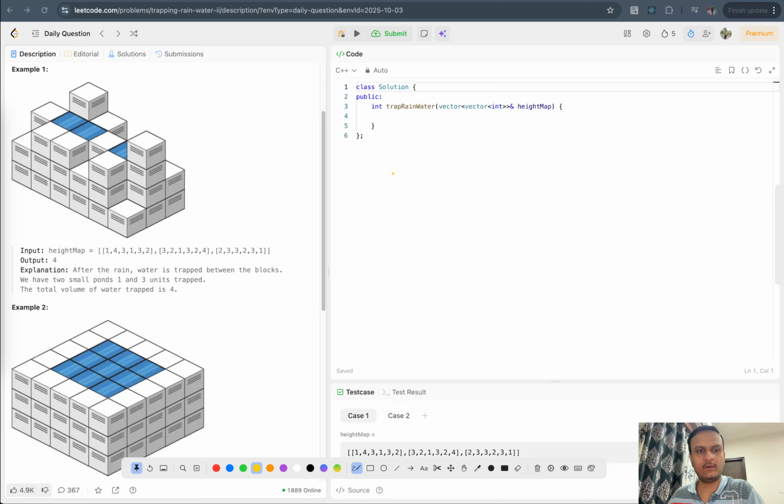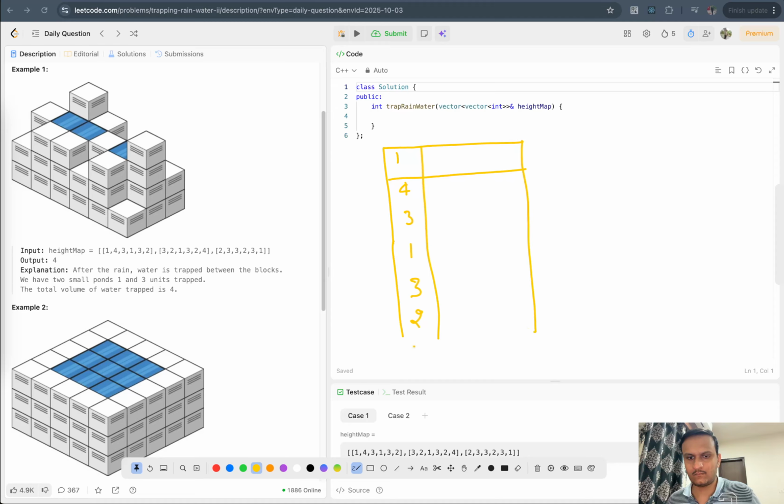For a better explanation, let's create the matrix and visualize from the matrix perspective if we can solve it that way. So it's 1 4 3 1 3 2. Now the second is 3 2 1 3 2 4. And the last one is 2 3 3 2 3 1.